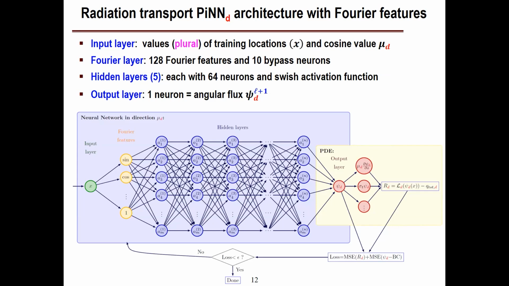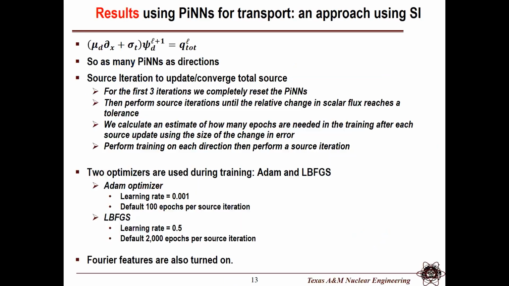And then our output layer gives us just 1 neuron, which gives us our angular flux for the specified direction. And so for each direction in our angular discretization, we'll have a single PIN to solve that direction.